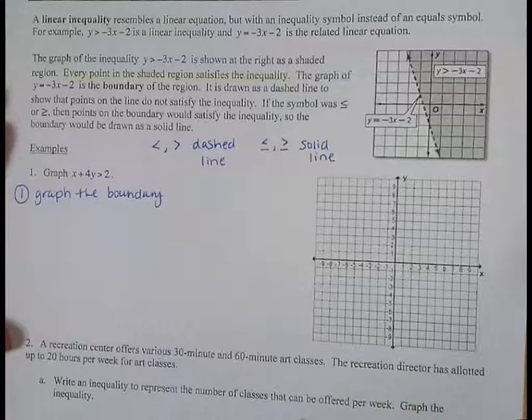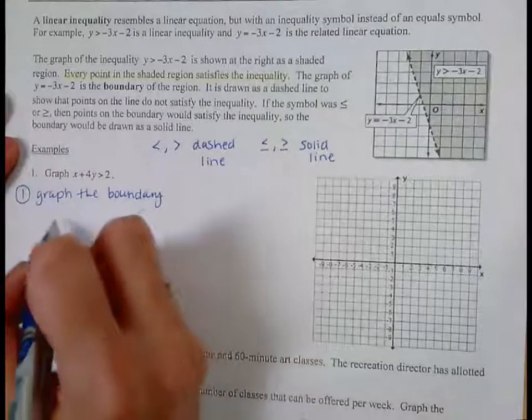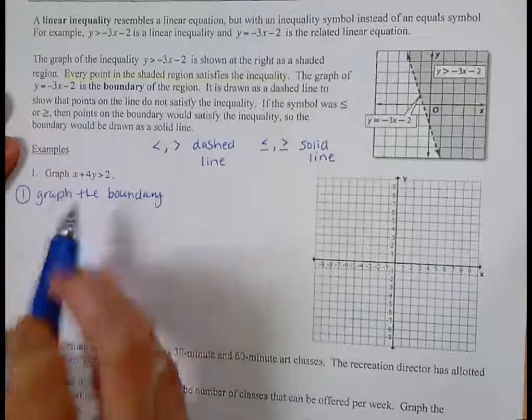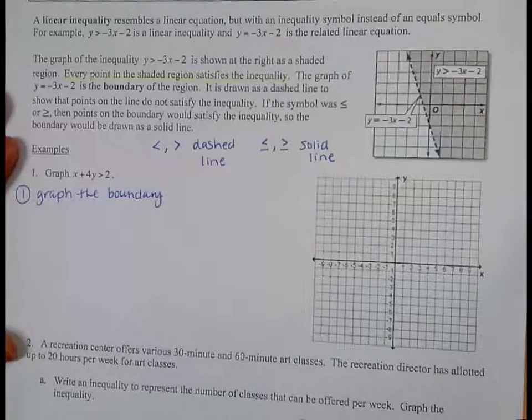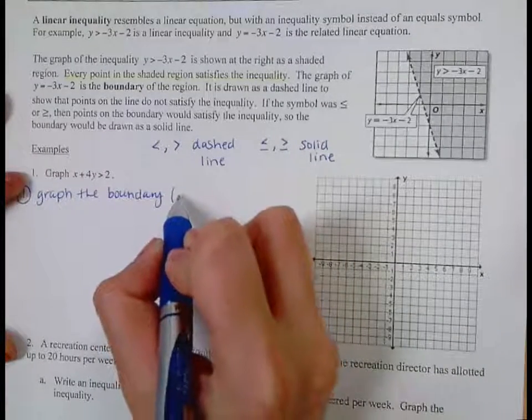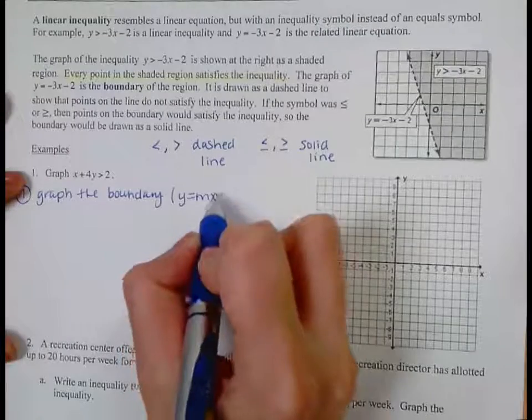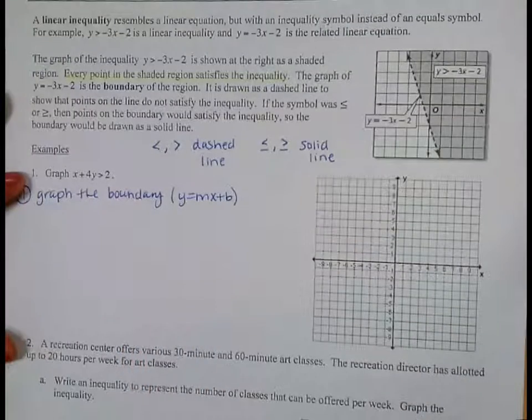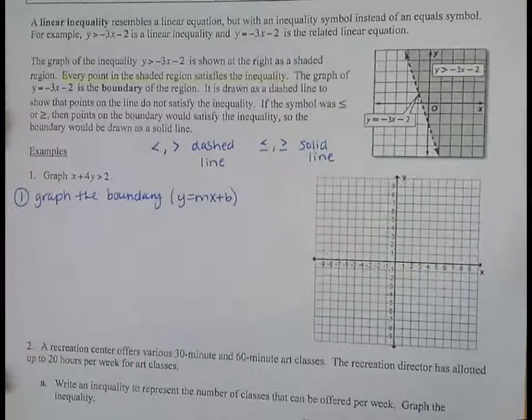That would be graphing this as if it was just an equal sign there. When you graph the boundary, you want to make sure that your inequality is in slope-intercept form, y equals mx plus b, so that you can identify your y-intercept and your slope to make your graph.